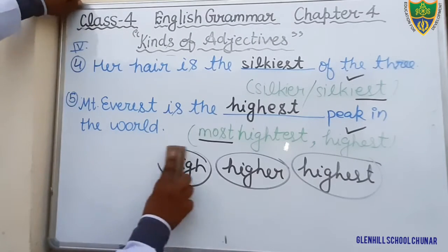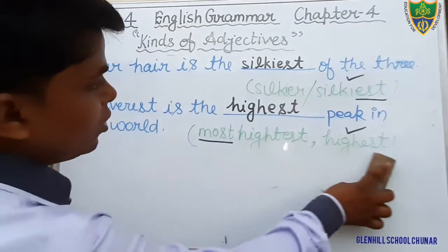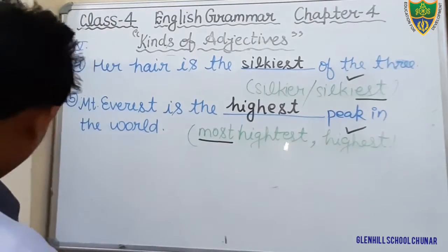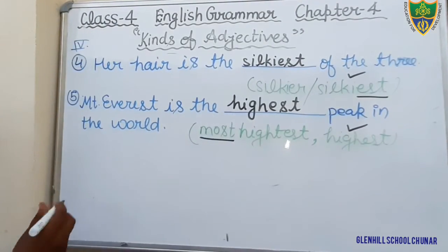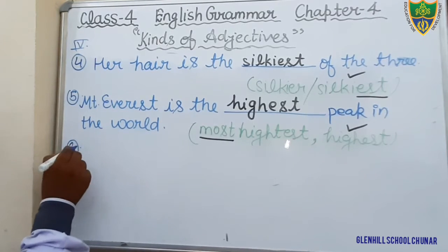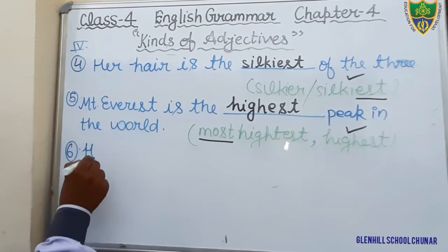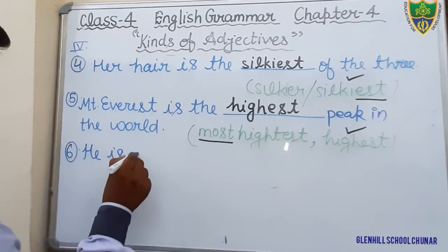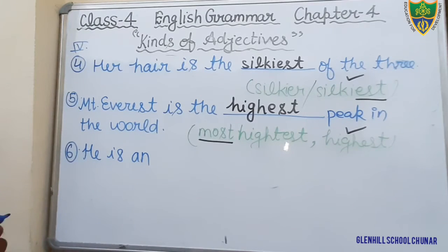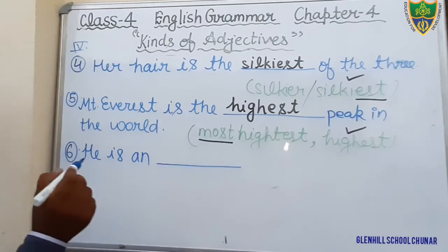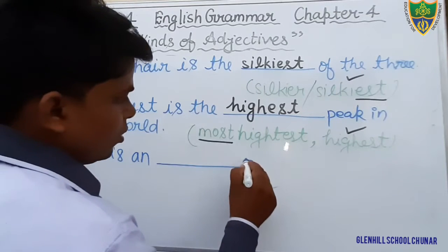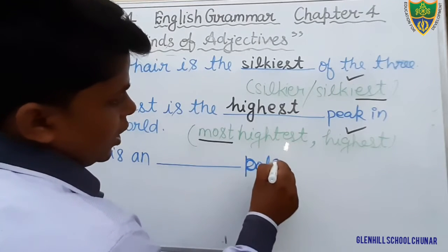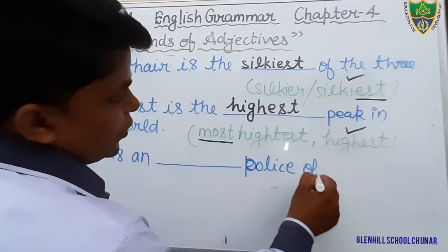Now we will do the next question, question number 6. What is question number 6? Just see here. He is an blank police officer.